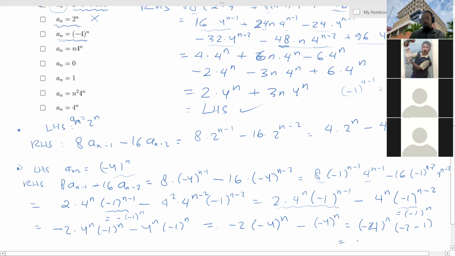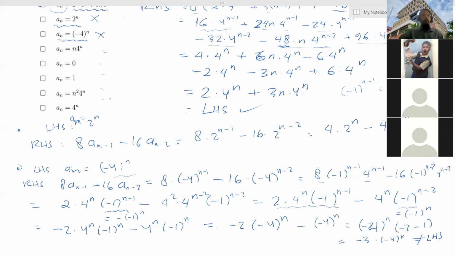So that is minus 3 times minus 4 to the power of n, which is not equal to the left hand side. So this is not our answer either. You do the same thing for the rest. You could check the details, checking whether the left hand side is equal to the right hand side, and you get the answer.